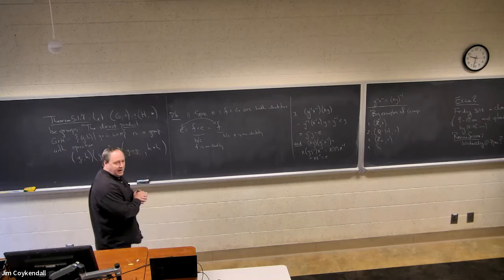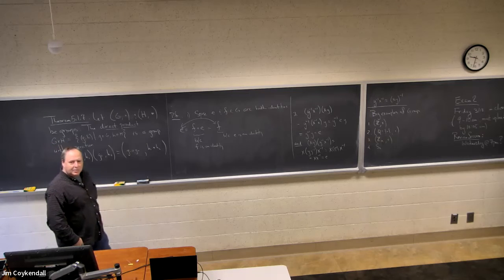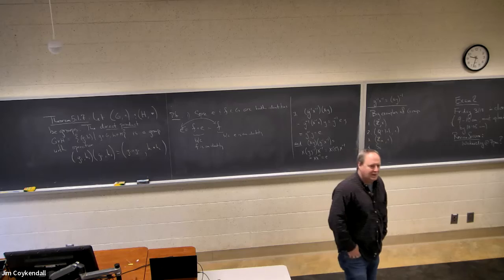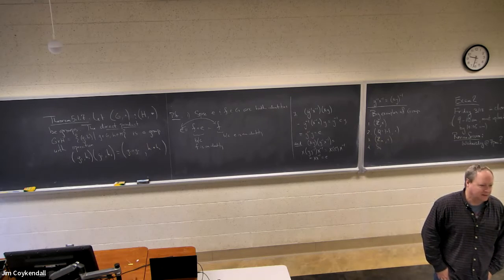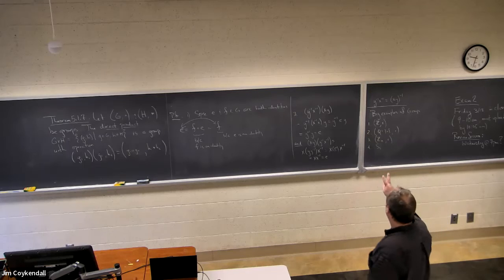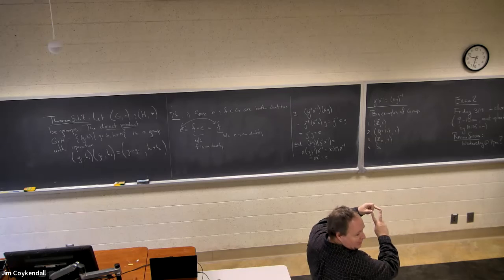This is actually a group. What do you suppose the identity of this group is going to be? What's the ordered pair that'll leave everything alone? Well, it's got to have two coordinates, right? It's got to have a G coordinate and an H coordinate. What's your best candidate for something to leave everything alone?